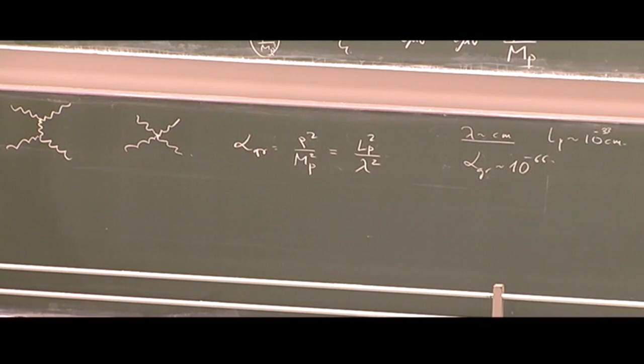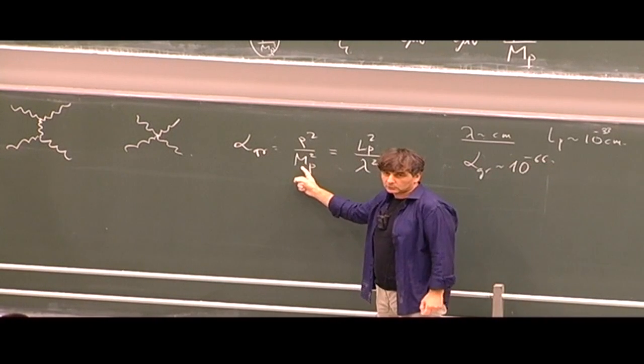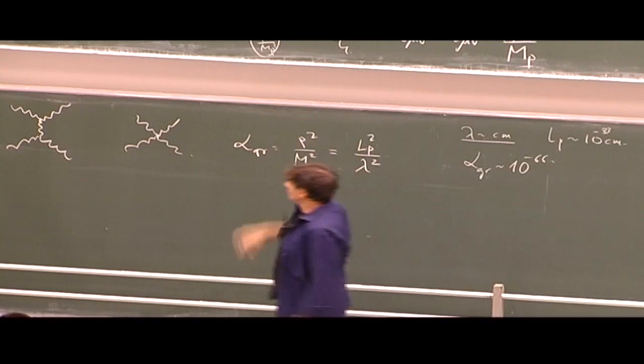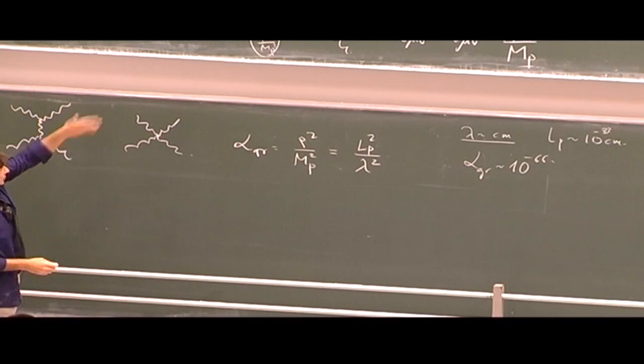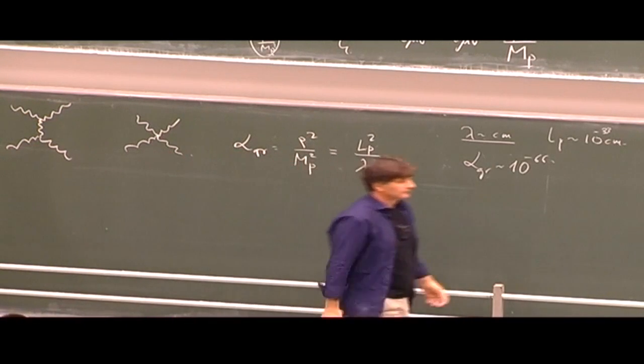The core of the issue is that the gravitational interaction is controlled by the Planck mass. So gravity is not renormalizable. In other words, the interaction between the graviton and its own energy momentum tensor is not a renormalizable interaction already at the cubic level.